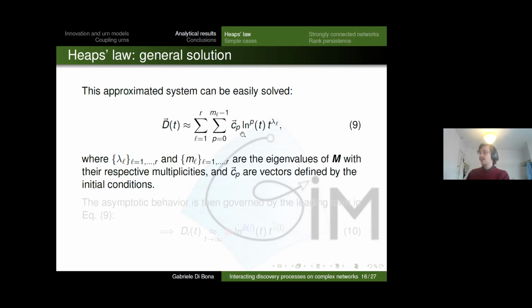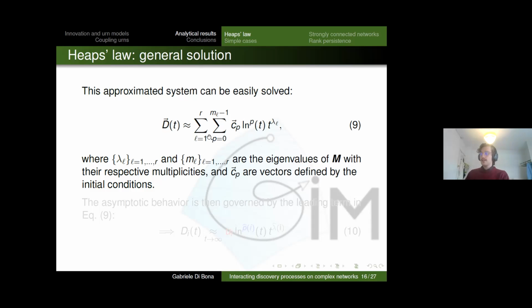Here we have all the eigenvalues, lambda, with multiplicity m_l. Depending on the multiplicity, some logarithms appear here. If the multiplicity is 1, we don't have any logarithm. Logarithms appear when you have higher multiplicities, and then you have just some coefficients here.